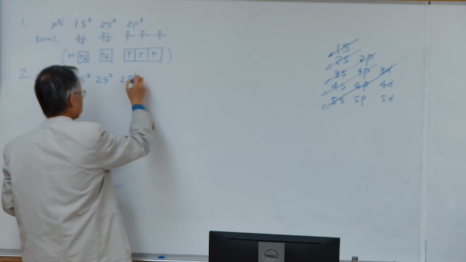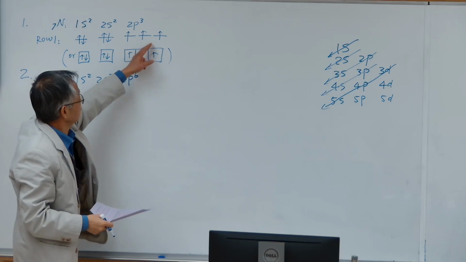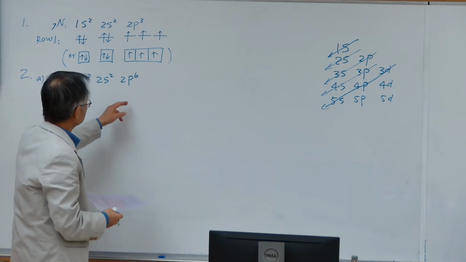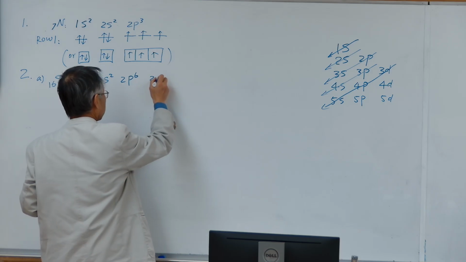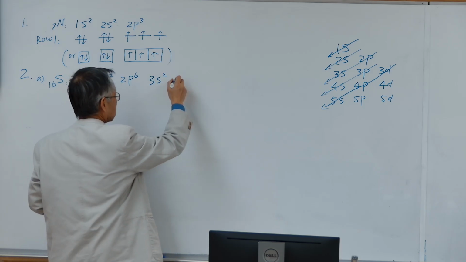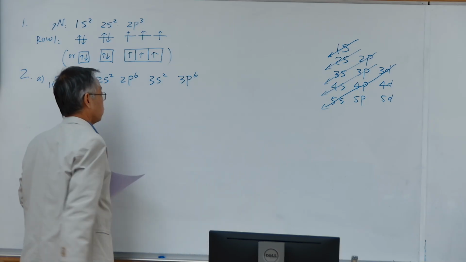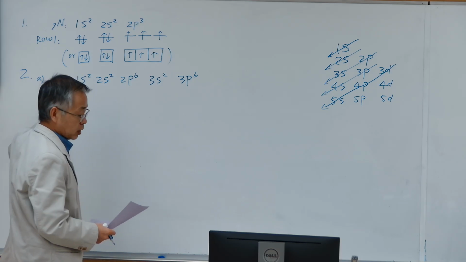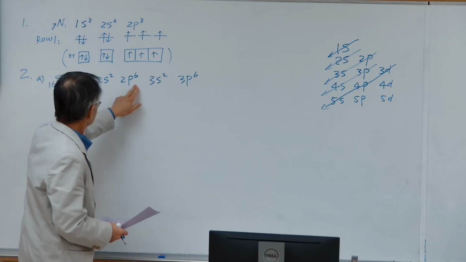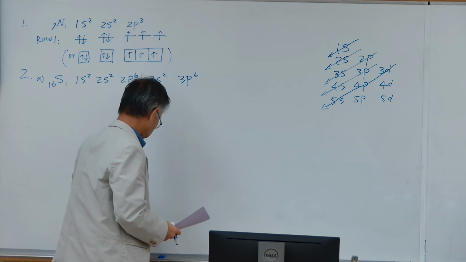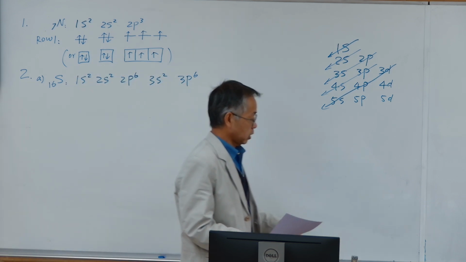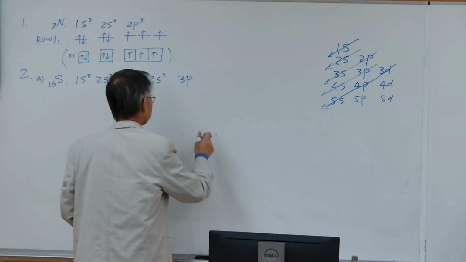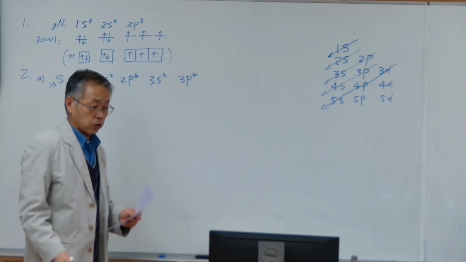Then 2p could fill in 6 electrons because 2p is 3 orbitals, each orbital holds 2 electrons, so maximum 6. Then 3s, 1 orbital, 2 electrons. Then 3p again could fill in 6 electrons. But we don't have so many because the total is 16. Here is 10, 12, then only 4 left. We cannot write 6 in 3p. So only 4 left. 3p4.